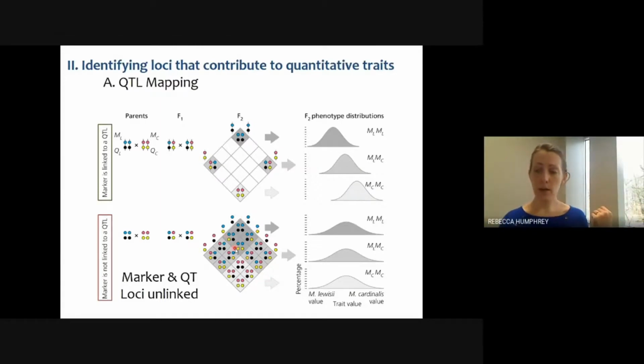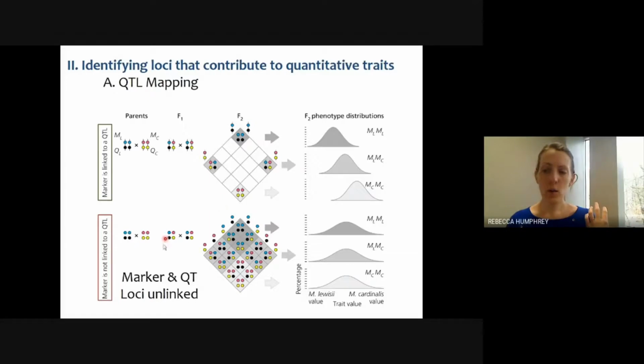You've got some that are homozygous for the marker locus, blue, and then among those, you've got 4 different possibilities for the quantitative trait locus. For your heterozygotes, heterozygous for the marker loci, you have all 4 possibilities for the quantitative trait locus. And for individuals who are homozygous for the cardinalis marker locus, again, all 4 of the possible combinations for the quantitative trait locus.